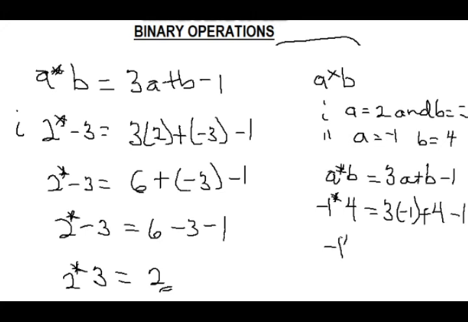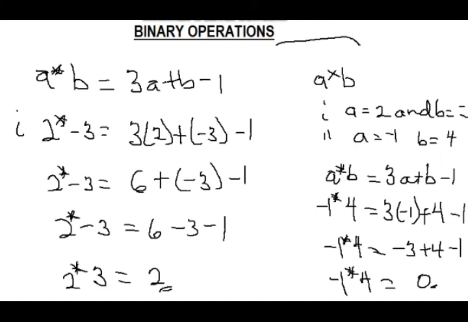So minus 1 star 4 is equal to minus 3 plus 4 minus 1. Minus 3 plus 4 gives us 1, minus 1 is 0. So we get 0 for this one too. So simple like that. It is not difficult. Just follow what we are doing and you will get it.